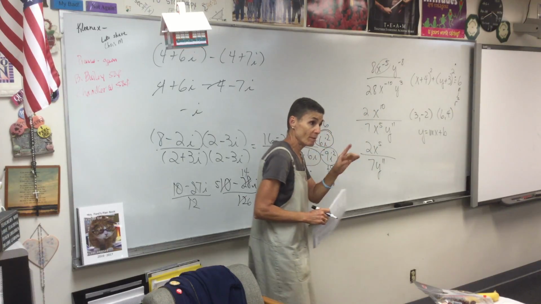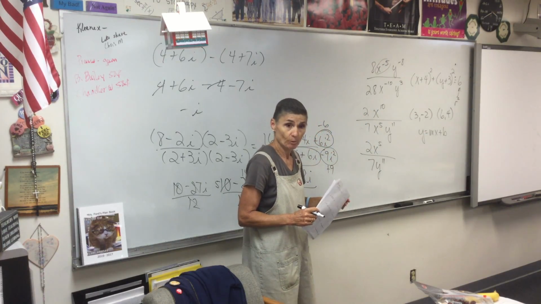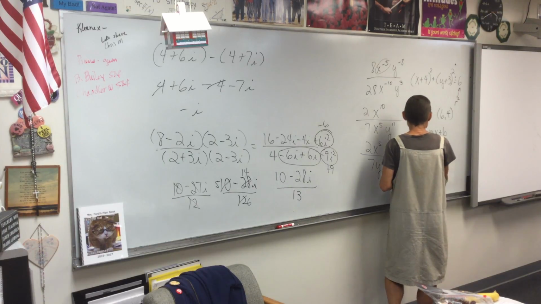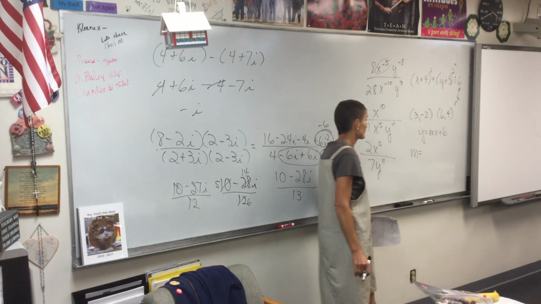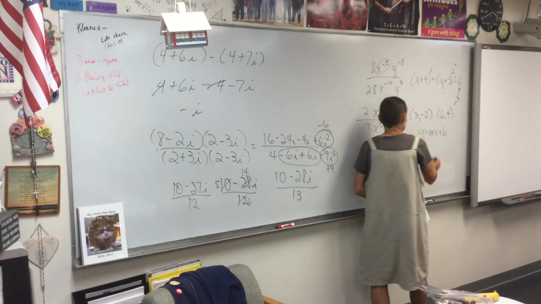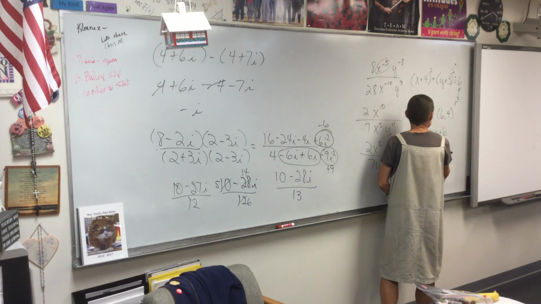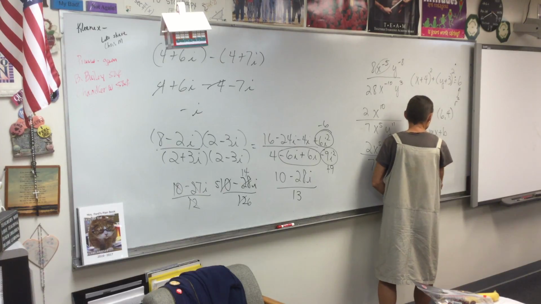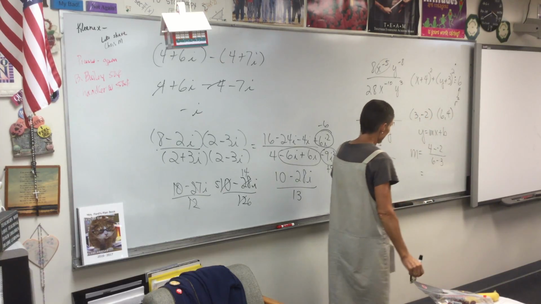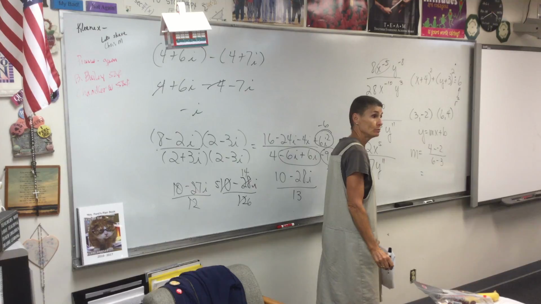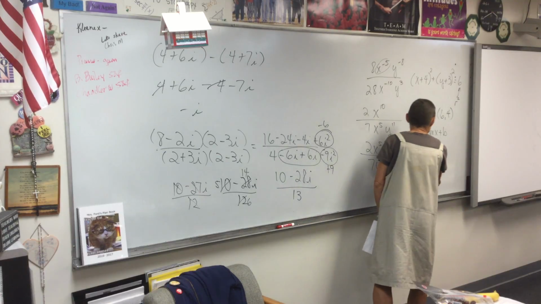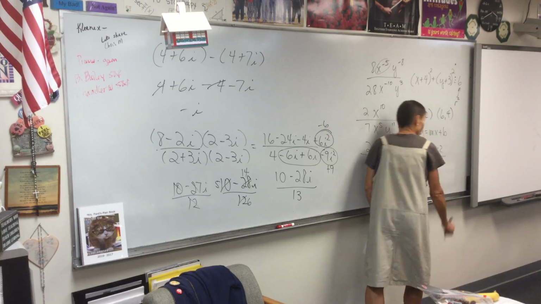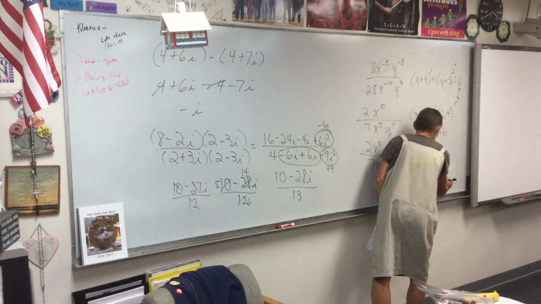So no matter how you do it, you need the slope, right? Joseph, you awake? Yeah, I'm awake. How do we find the slope, Joseph? y minus y1 over x minus x1. So 4 minus -2 over 6 minus 3. So 4 minus -2 is 6. 6 minus 3 is 3. So my slope is 2.